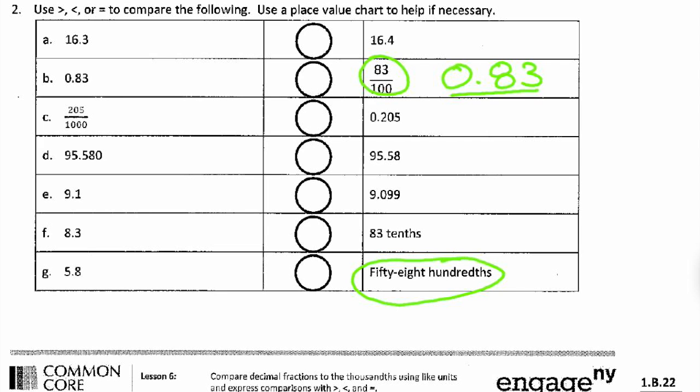Okay, let's look at these problems. A, who can read the first number to me? 16 and 3/10. Okay, we're going to compare 16 and 3/10 to 16 and 4/10.